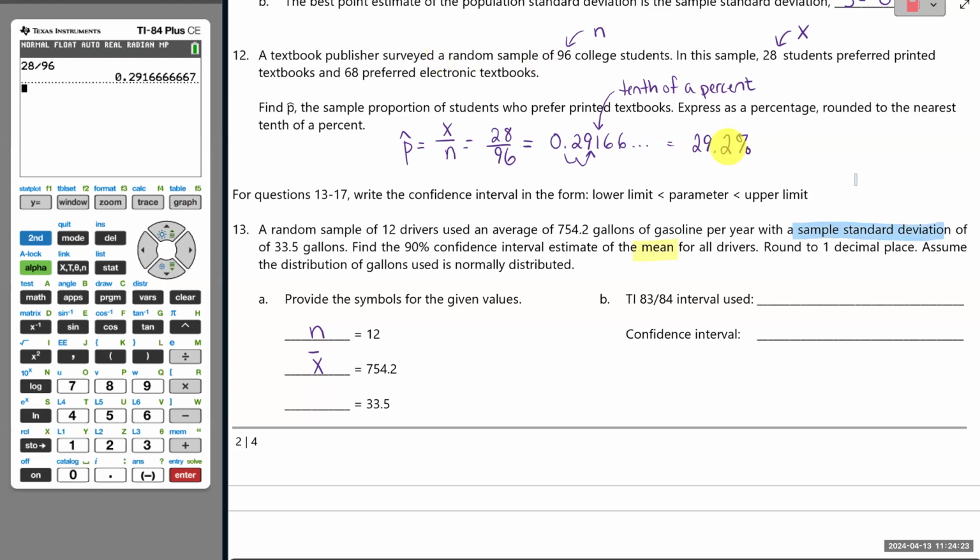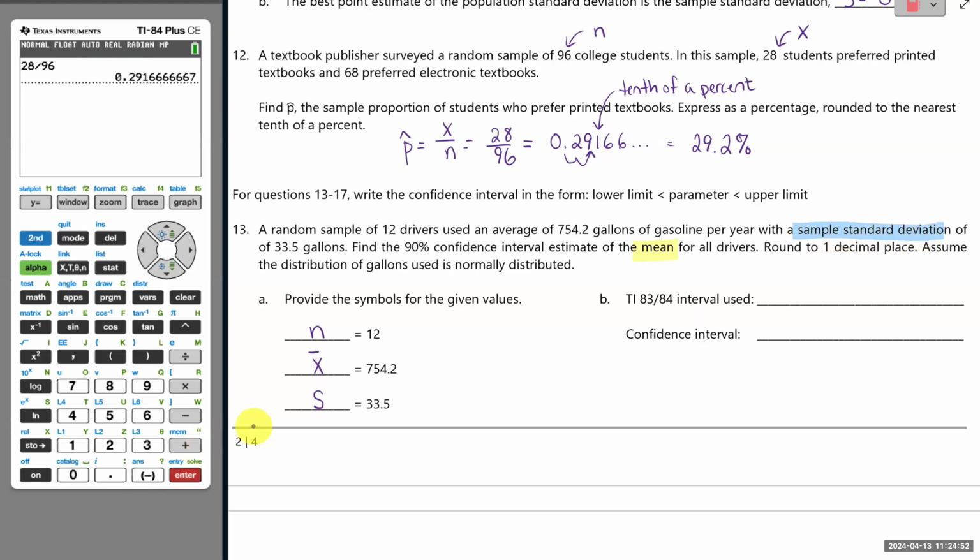So this is the sample standard deviation. So that is S. All right. So the temptation when we see standard deviation is to write sigma because we did that all throughout chapter 6. But now here in chapter 7, we just have to really pay attention, and it's sample, not population standard deviation.